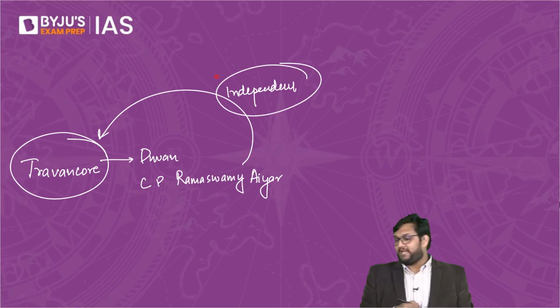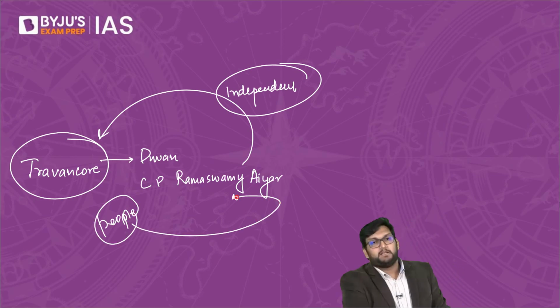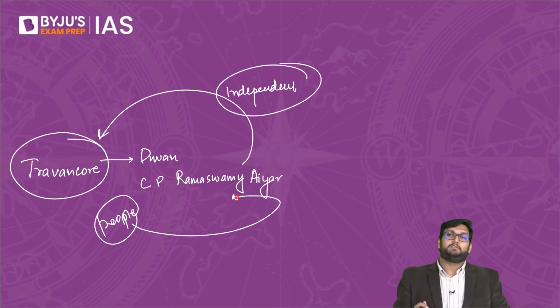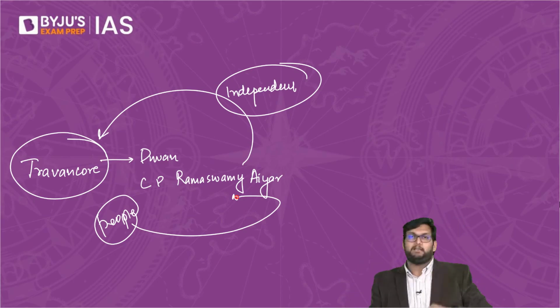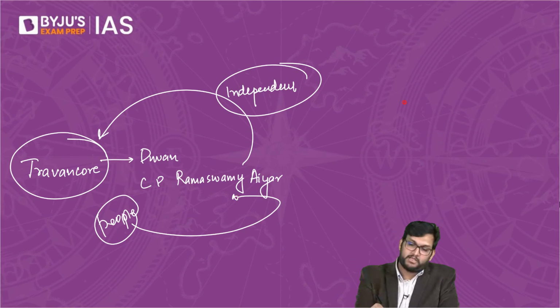Now, as soon as he says that, the people of Travancore actually go after C.P. Ramaswamy Iyer, and he has to technically flee out of Travancore. And therefore, the king, Thirunal, is going to call Patel, and he will say that I am ready to now sign a very important document which is called the Instrument of Accession.